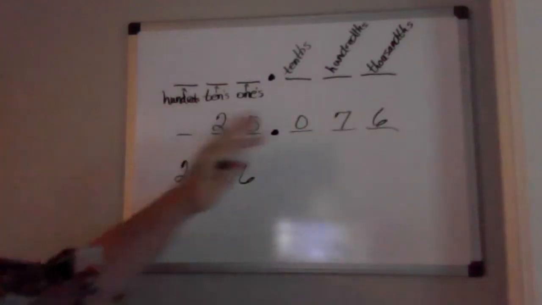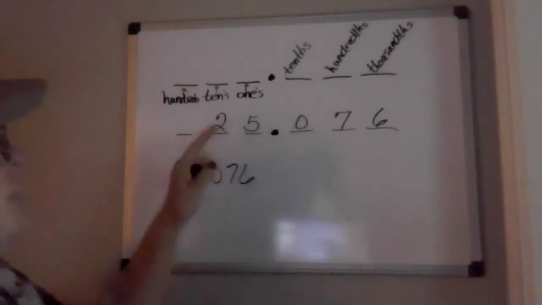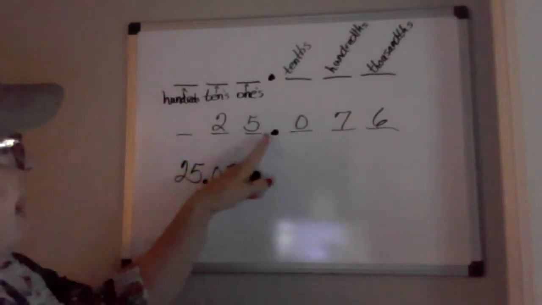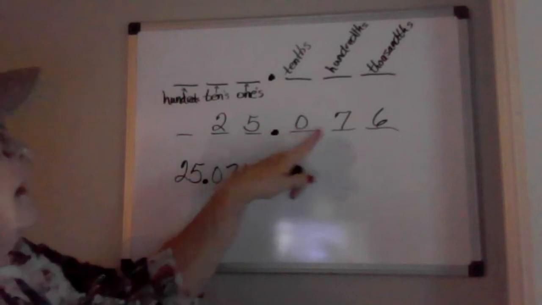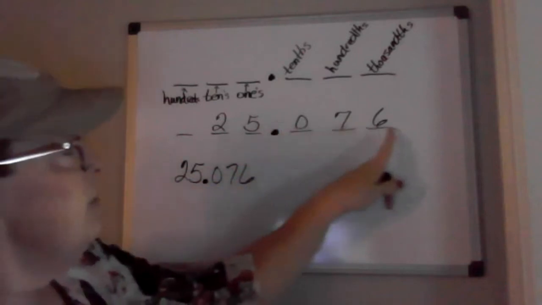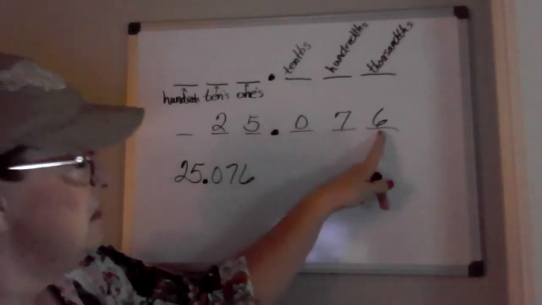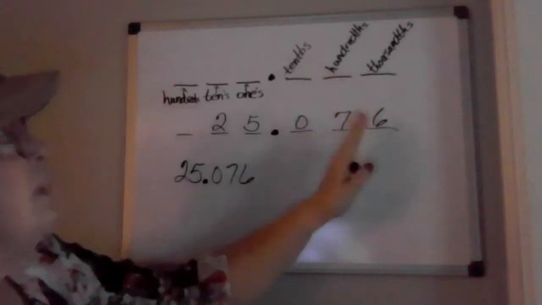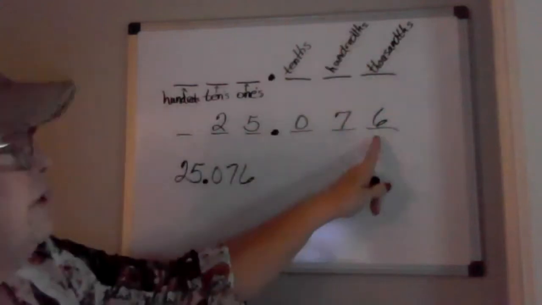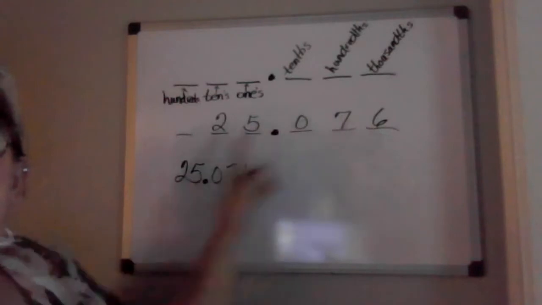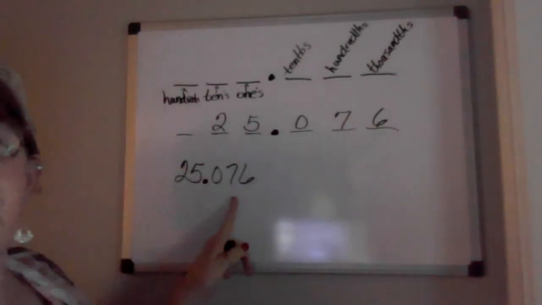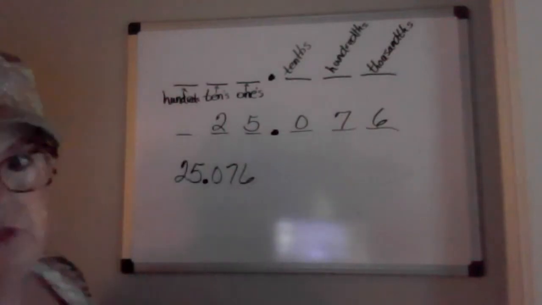So when you read this, you're going to say 25 and, and you read all the way through 76, and then you read the word that goes with the very last number. So 25 and 76 thousandths.